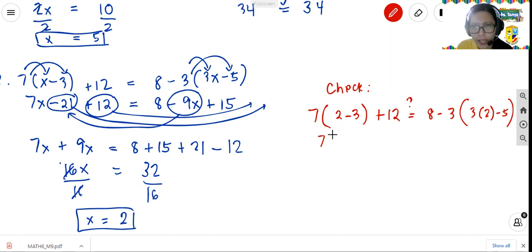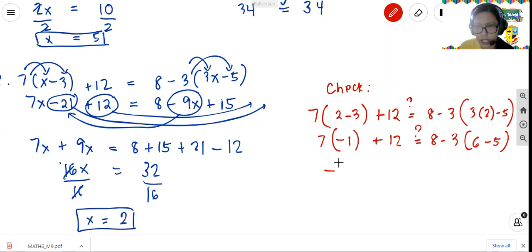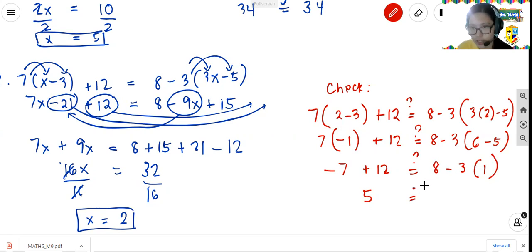So 7 times 2 minus 3 is negative 1 plus 12. 8 minus 3, 3 times 2 is 6 minus 5. So this is negative 1 plus 12. We have here 8 minus 3 times 6 minus 5 is 1. So this is 11. And this is 11. Okay, so our answer is a true solution.